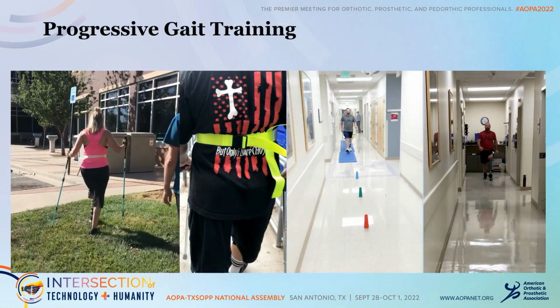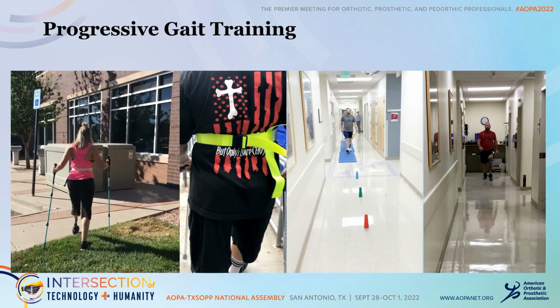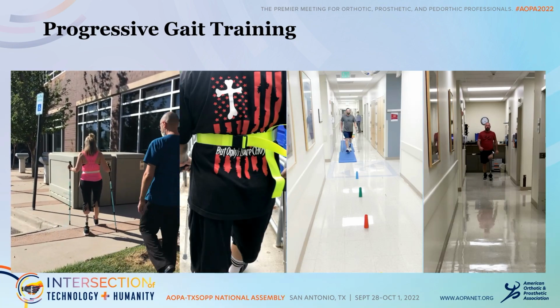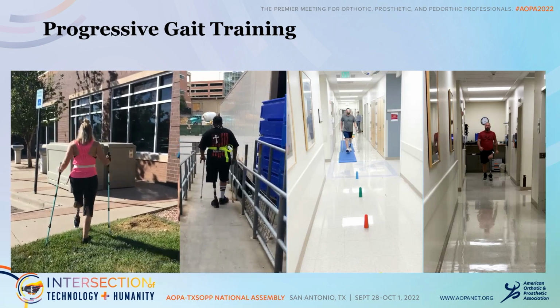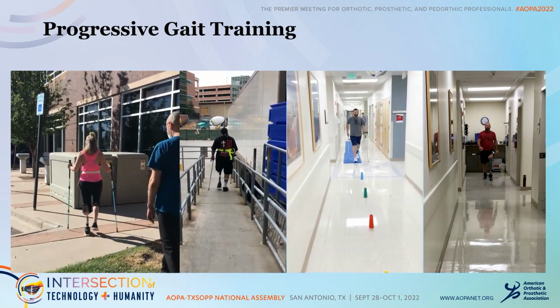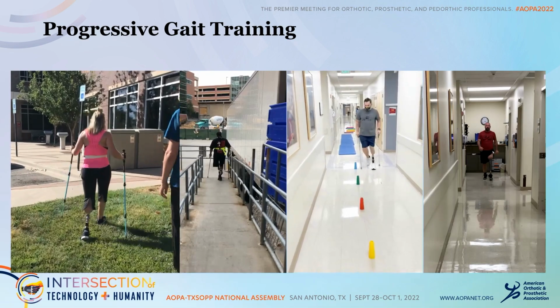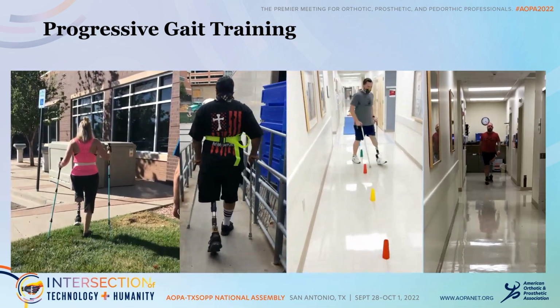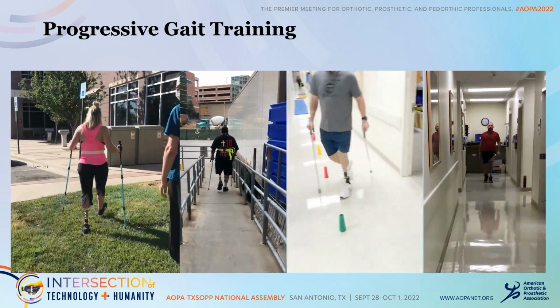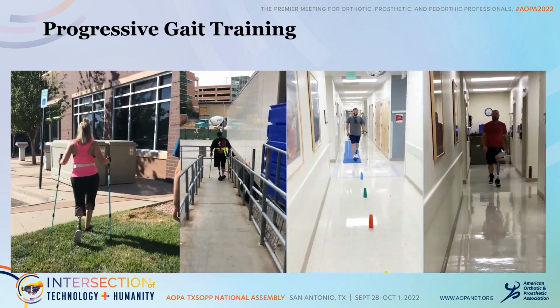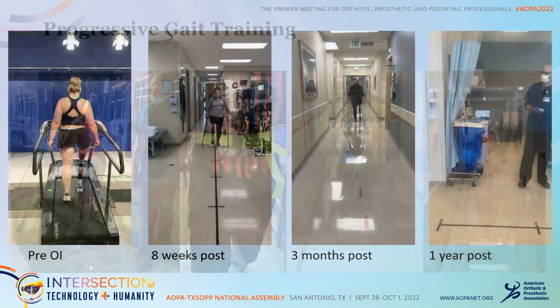So postoperatively, there's a progressive gait training with both techniques where patients progress with weight bearing and more difficult terrain, gaining better control, and ultimately are walking unassisted without assistive devices.